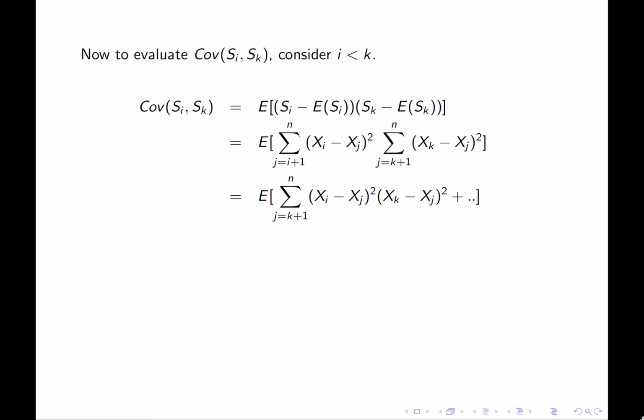And we also know that our expected values of each of these terms are 0. So if they're independent, then we can split it up into two separate expectations and multiply together, and we get 0.